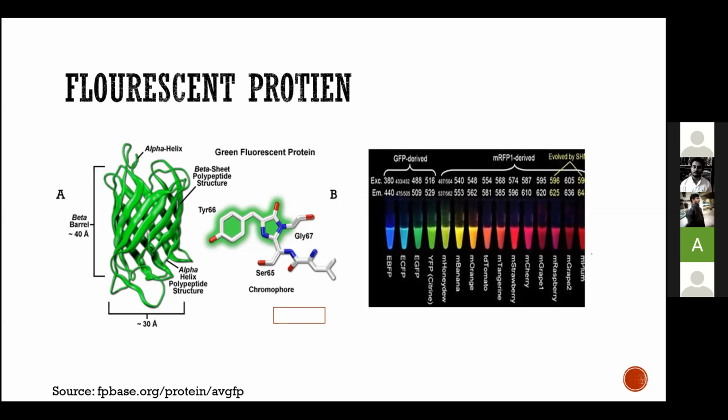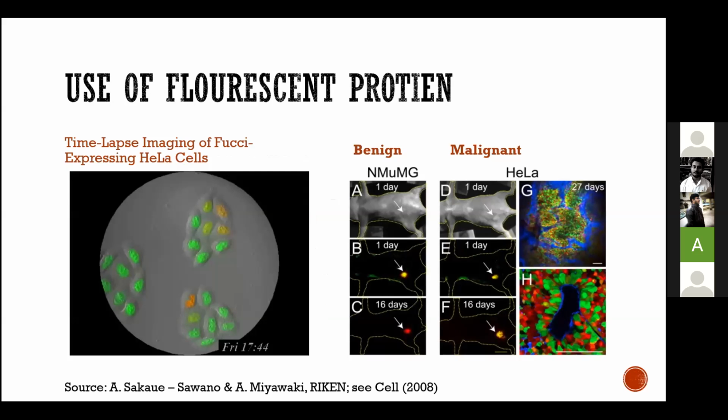In 2008, Atsushi Miyawaki, Roger Tsien, and Michael Chalfie got the Nobel Prize for their discoveries. Actually, Miyawaki pioneered these studies of isolating fluorescent proteins, and then Chalfie and Roger Tsien did many things with it. When the fluorescent protein was discovered in 1956, he didn't realize what all it could do.